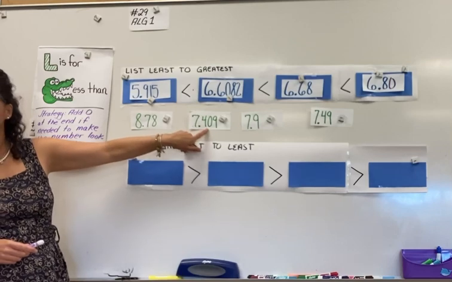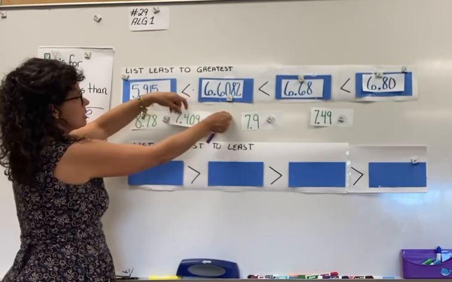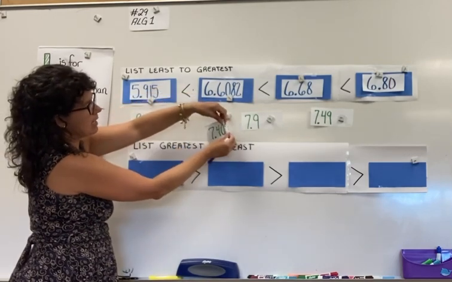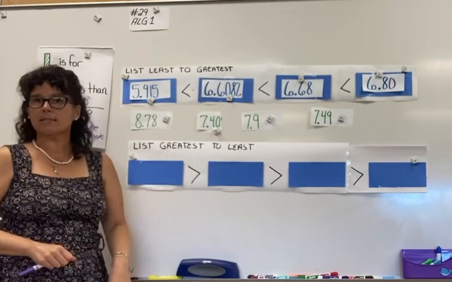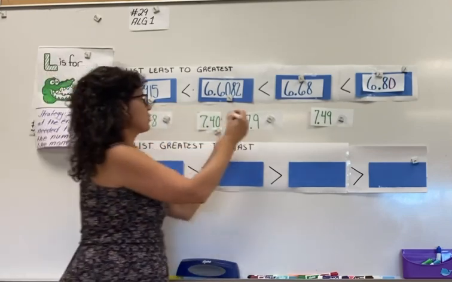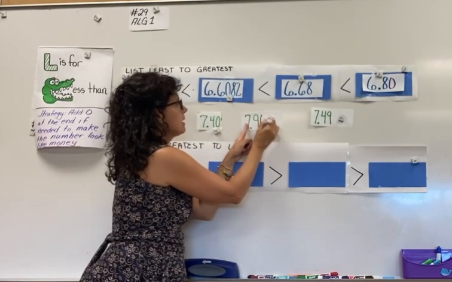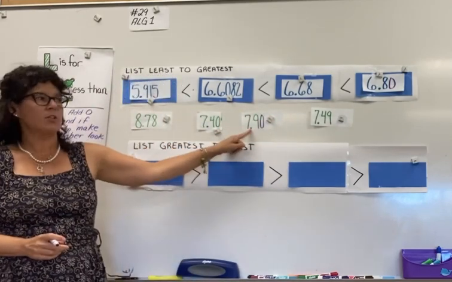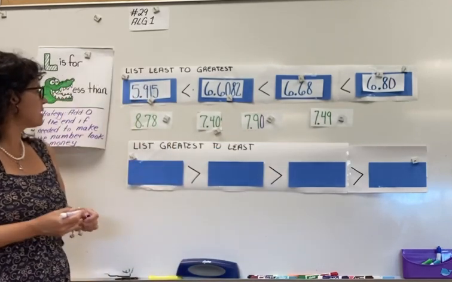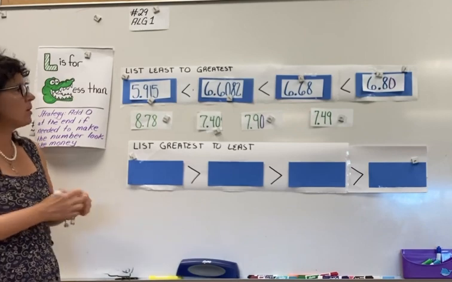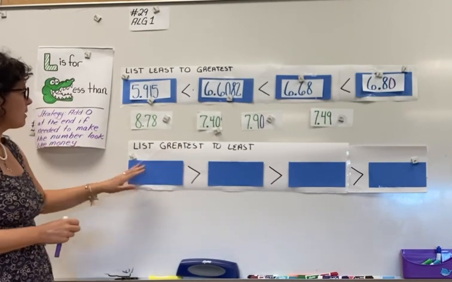This one does not look like money, so I'm gonna just fold back the 9 and look at it as $7.40. This one needs an extra 0 on the end. $7.90, and then $7.49.